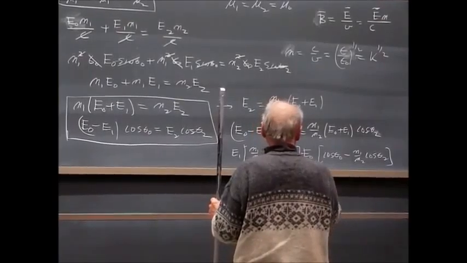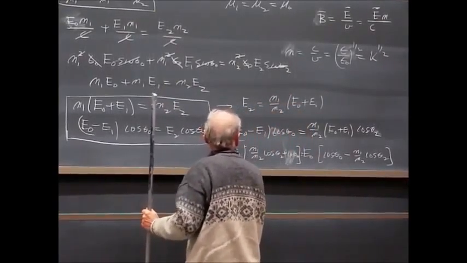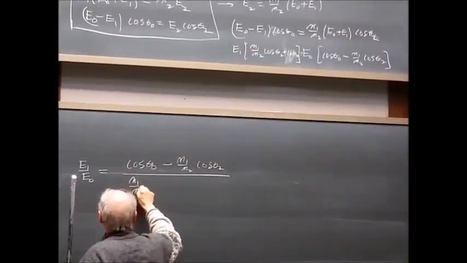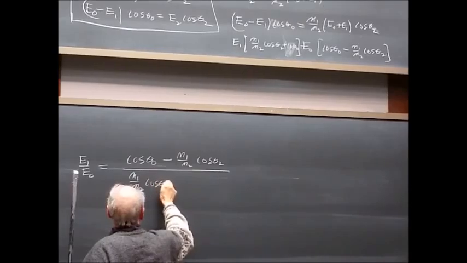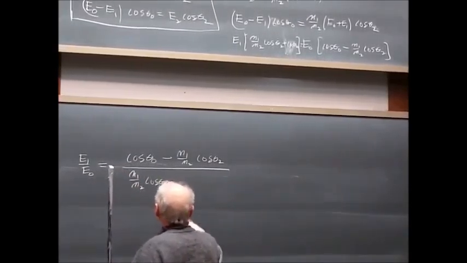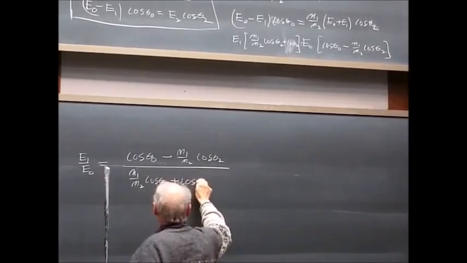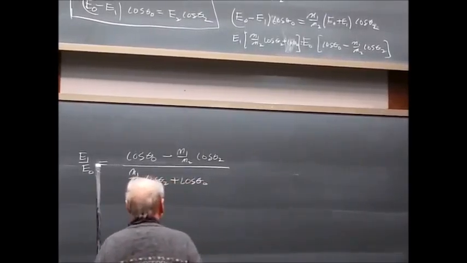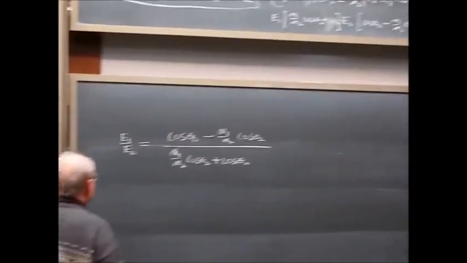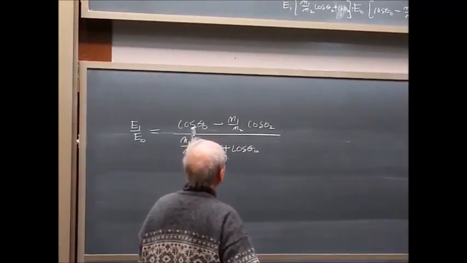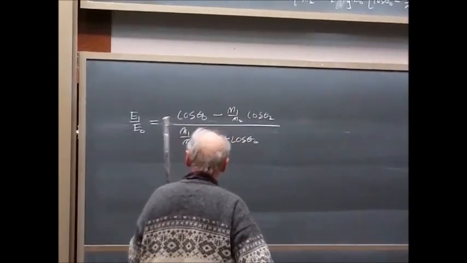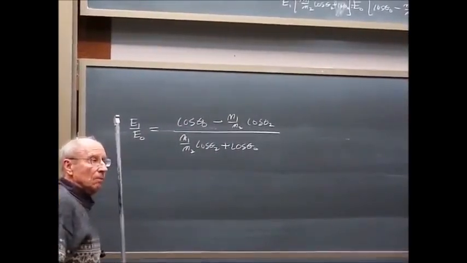So when I'm solving for this, I got that in the denominator now: N1 over N2 cos theta 2 plus cos theta 0. Okay, so that's E1 over E0.